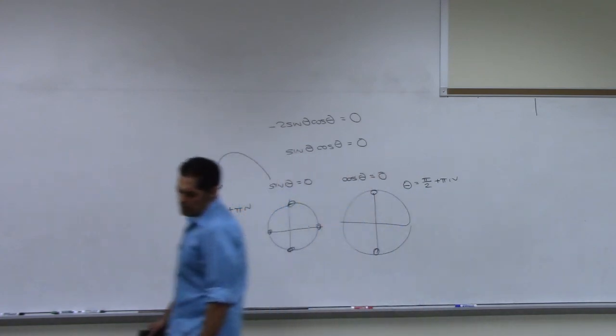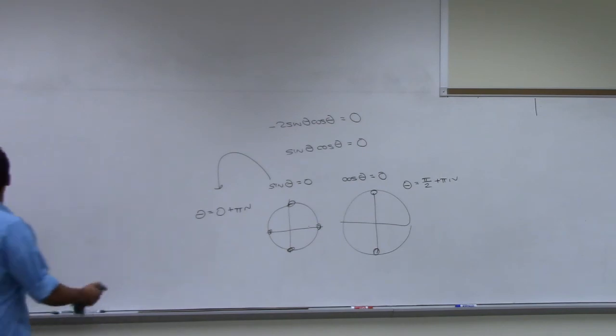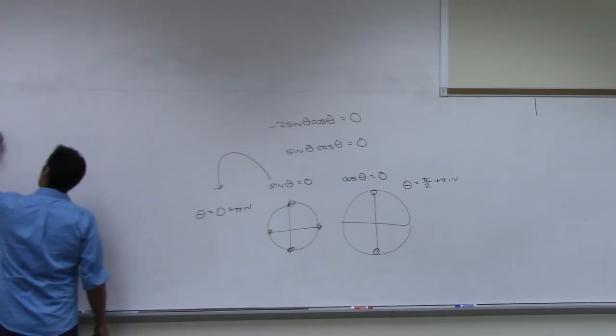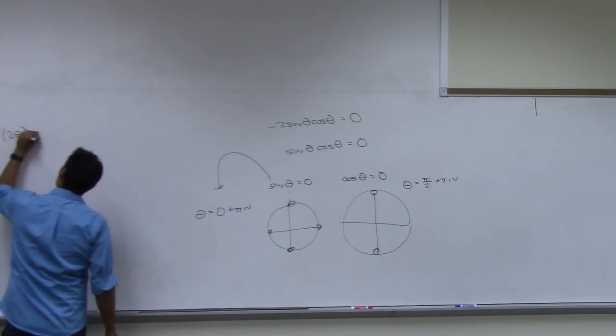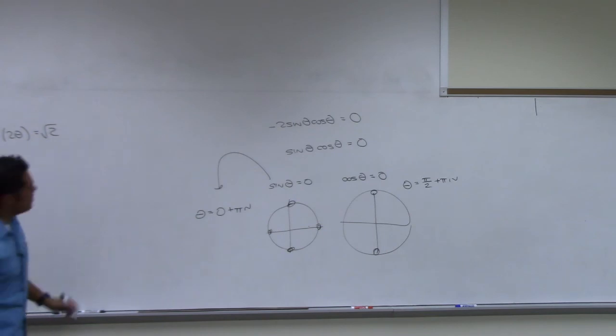All right, let's look at another one. Sine 2 theta equals root 2 cosine theta.